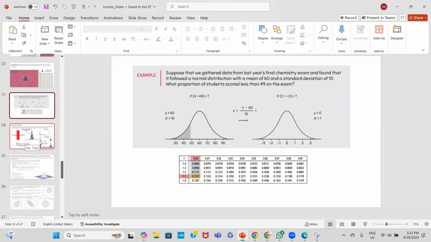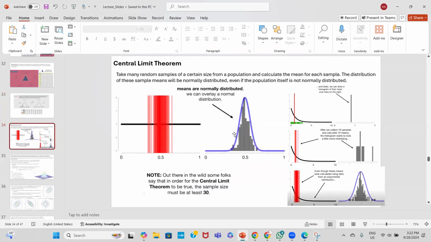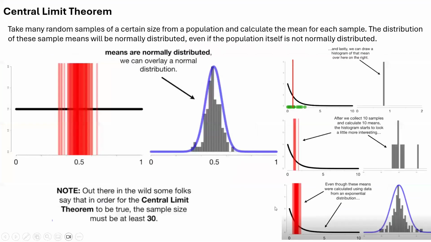And now the next thing is central limit theorem. This is very important to understand, and these are all interlinked. Now you found out what is normal distribution, what is standard normal distribution, what is z-score, and how to calculate the area under the normal distribution easily by converting that to standard normal distribution.